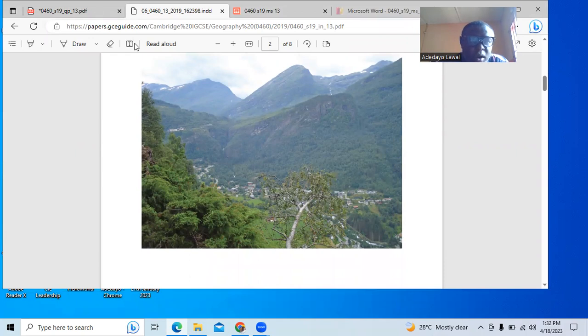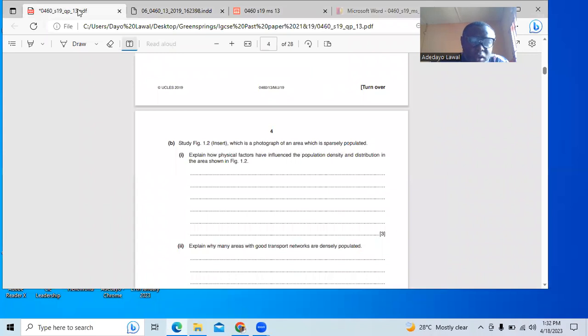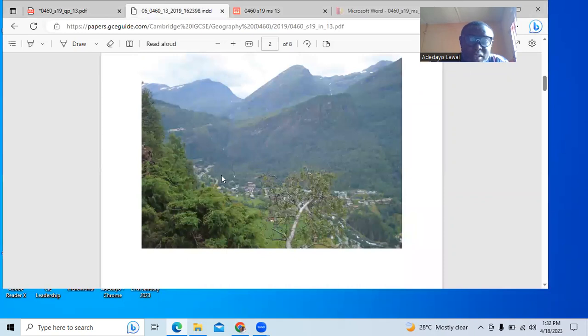So according to this, why is a place underpopulated? Let me get the question clearly. How physical factors? Now they want you to talk only about the physical factors. This picture, as you can see, how did it affect the population density?